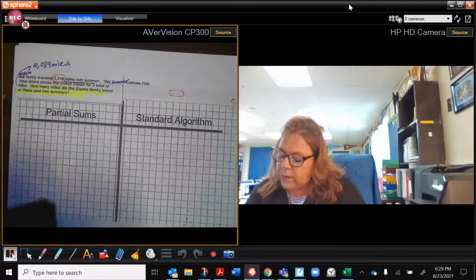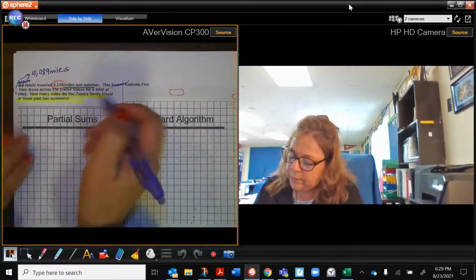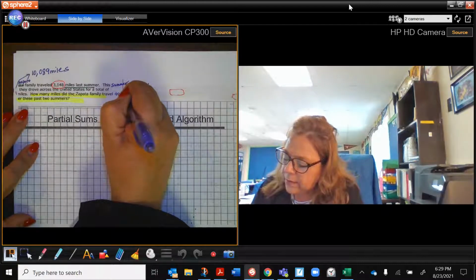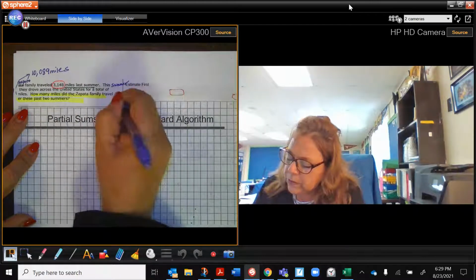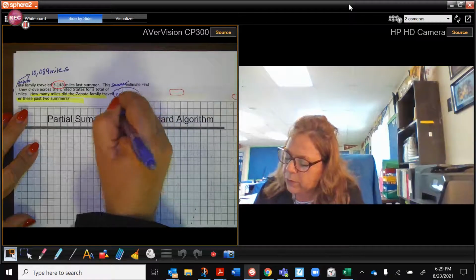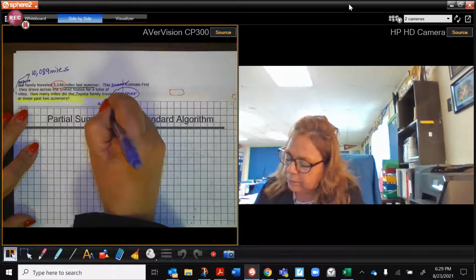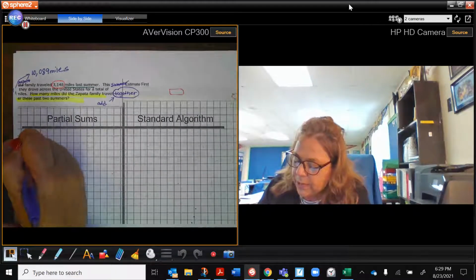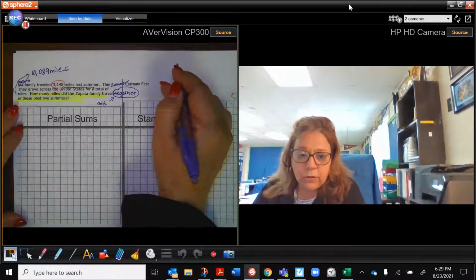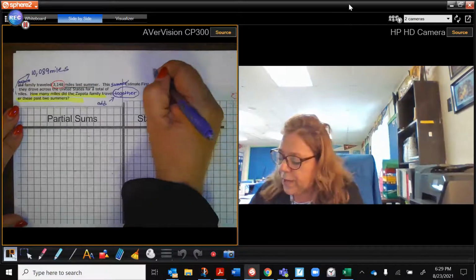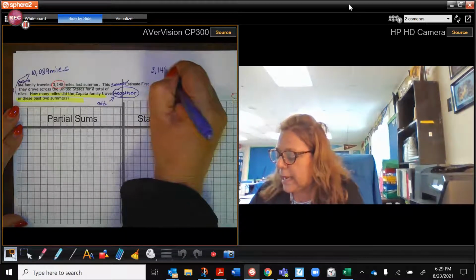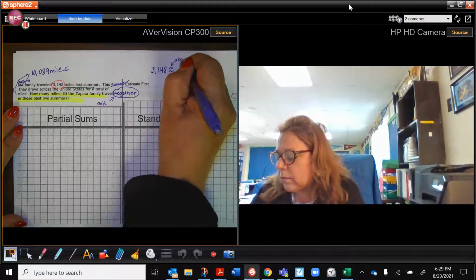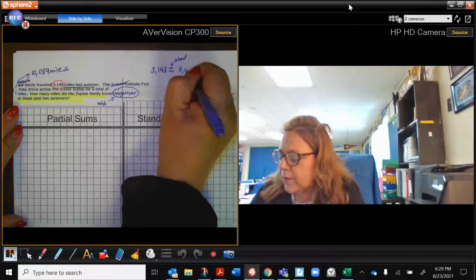And I know that we will, and the word was together. So this is going to be my keyword, which means add. So when I write down my numbers, I'm going to estimate first. I have 3,148. Remember, the squiggly line means about 3,000.